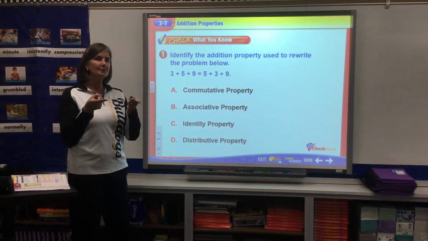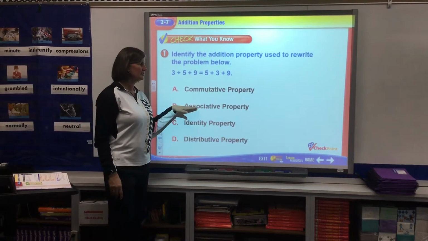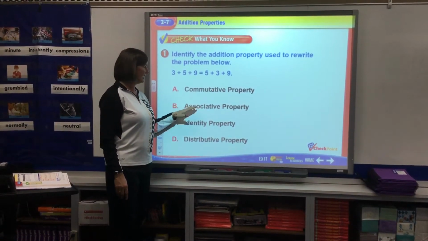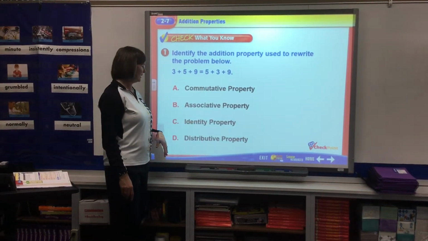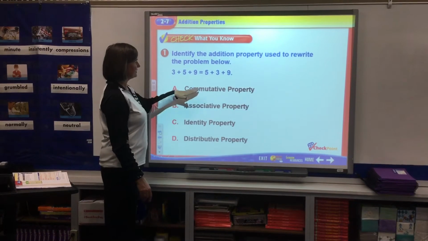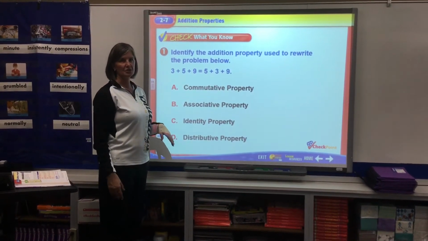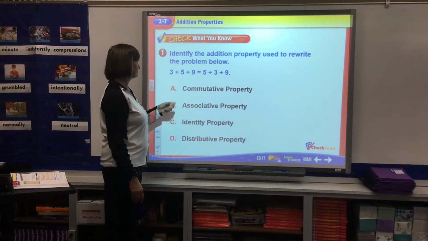But I don't see the parentheses. So that automatically tells me it's not going to be the associative property, and it's not the identity property because we're not adding 0 in. We didn't even talk about the distributive property yet, so that leads me to believe it's going to be the commutative property, which just says the order in which you add numbers does not matter.